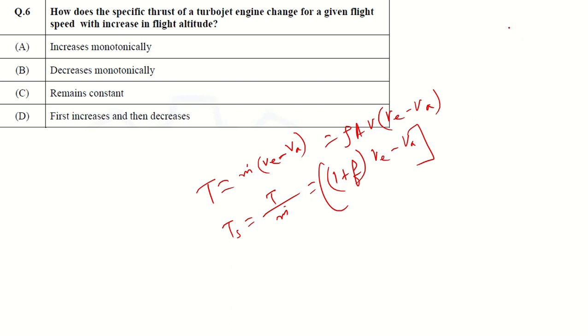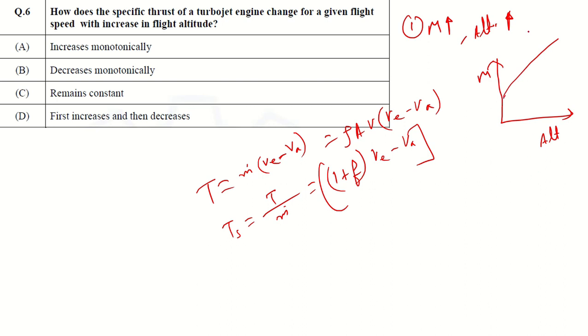So remember, for the same speed, Mach number increases as altitude increases. This is the graph for Mach versus altitude.